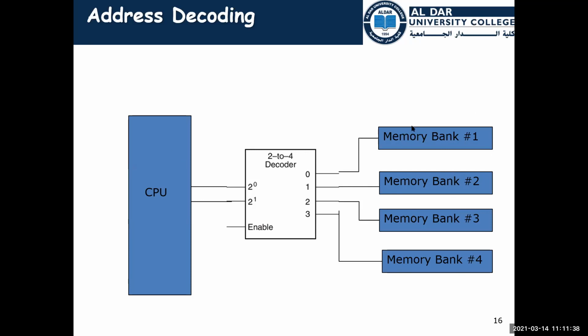So how to select which one? The idea of selecting one of these memory banks. Can anybody explain, just explain as if I'm a student and you are the teacher. I want you to explain the decoder.